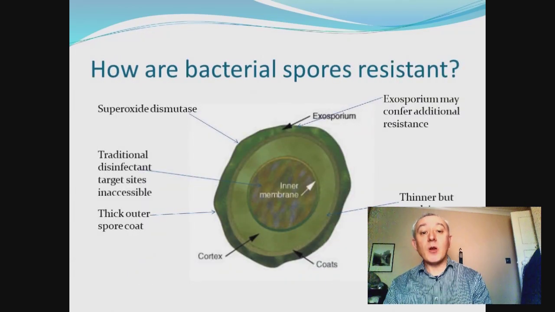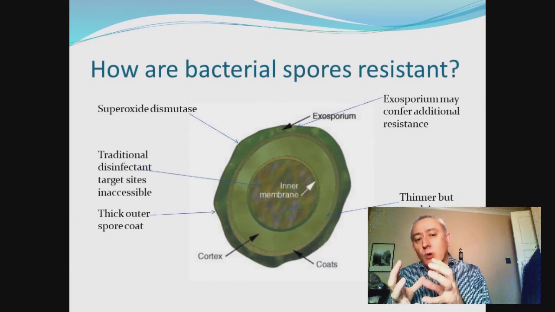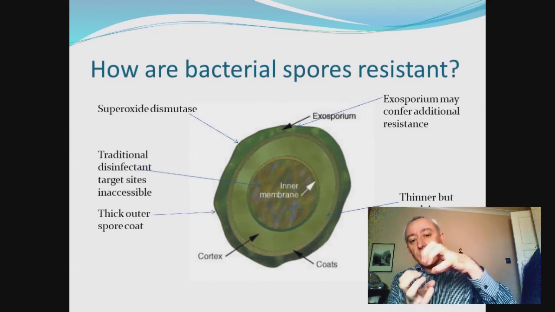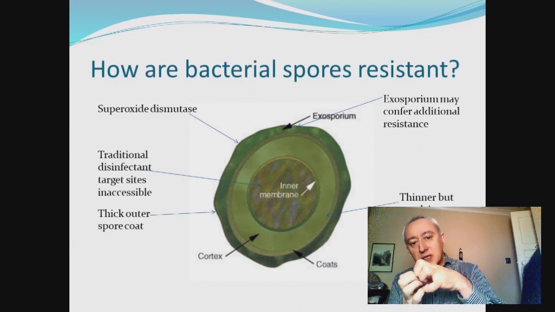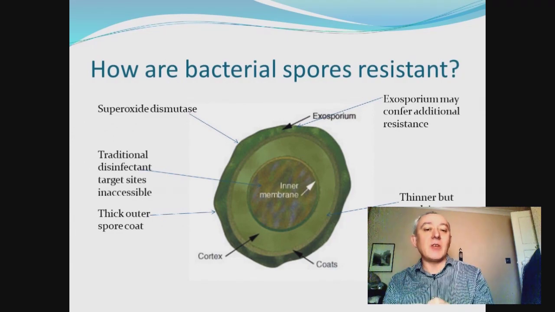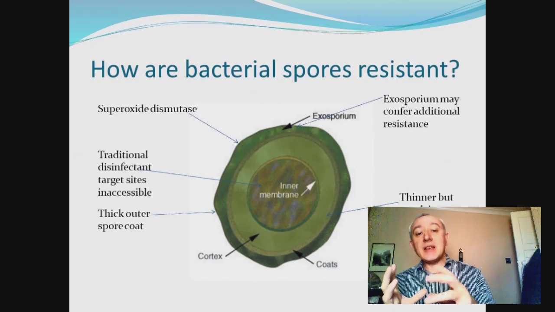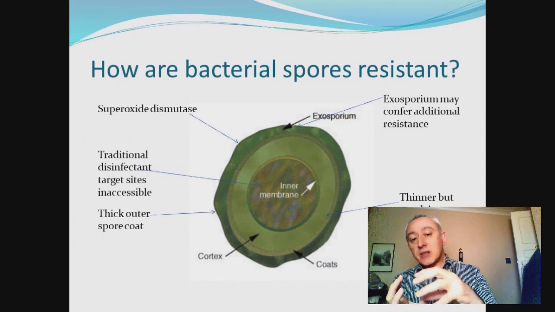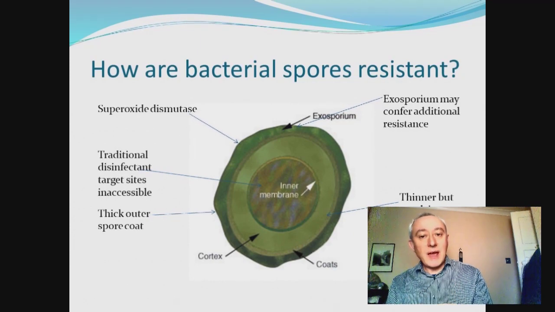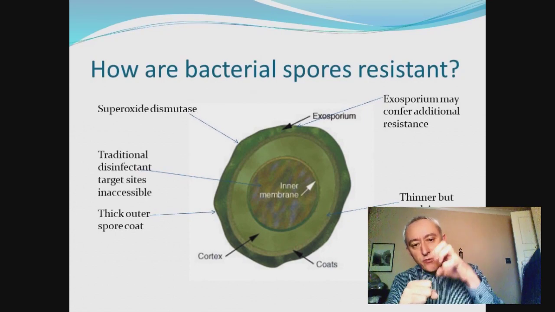Now, what does a spore sort of look like, and why is it so tough? Well, the spore can be thought of as a bit like a walnut. So you've got this really hard outer casing, and that's supported by an enzyme called superoxide dismutase, and that gives it a degree of resistance. And then inside the spore are these various layers. So we have the exosporium, and that acts as a really tough barrier to disinfectants. It's quite hard to get through that layer.